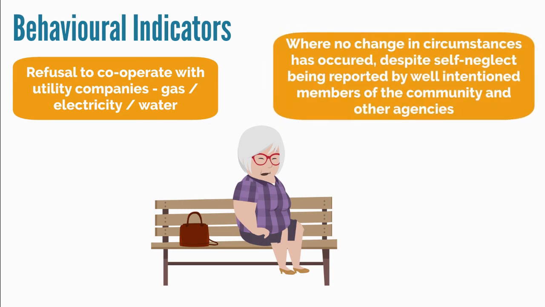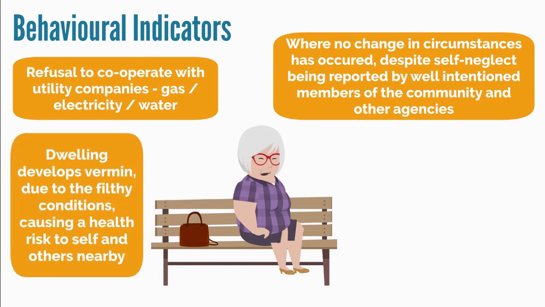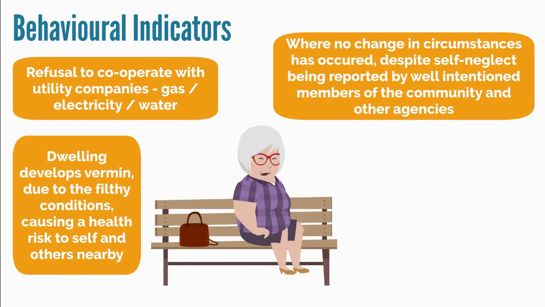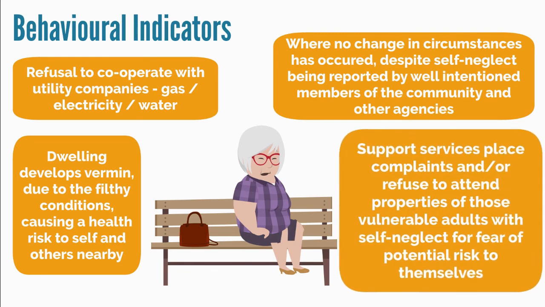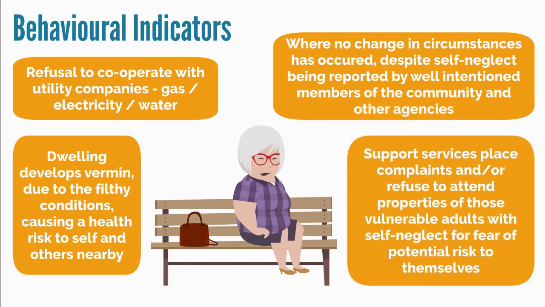Where no change in circumstances has occurred, despite self-neglect being reported by well-intentioned members of the community and other agencies. Dwelling develops vermin due to the filthy conditions, causing a health risk to self and others nearby. Support services place complaints and/or refuse to attend properties of those vulnerable adults with self-neglect for fear of potential risk to themselves.